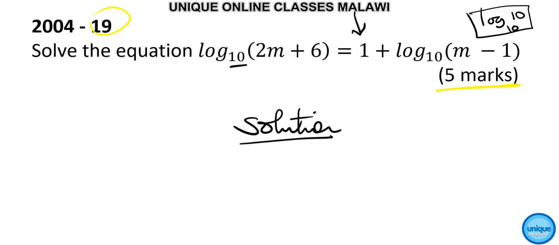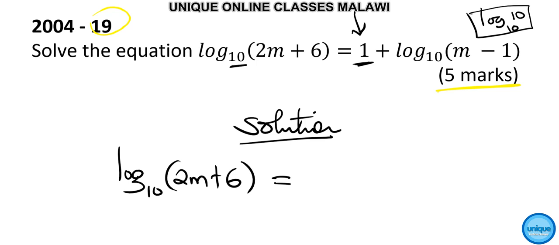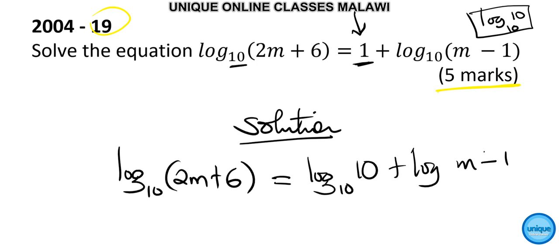So instead of writing 1 here, you are going to put log of 10 base 10. So it will be log base 10 of 2m plus 6 is equal to log of 10 base 10 plus log of m minus 1 base 10.